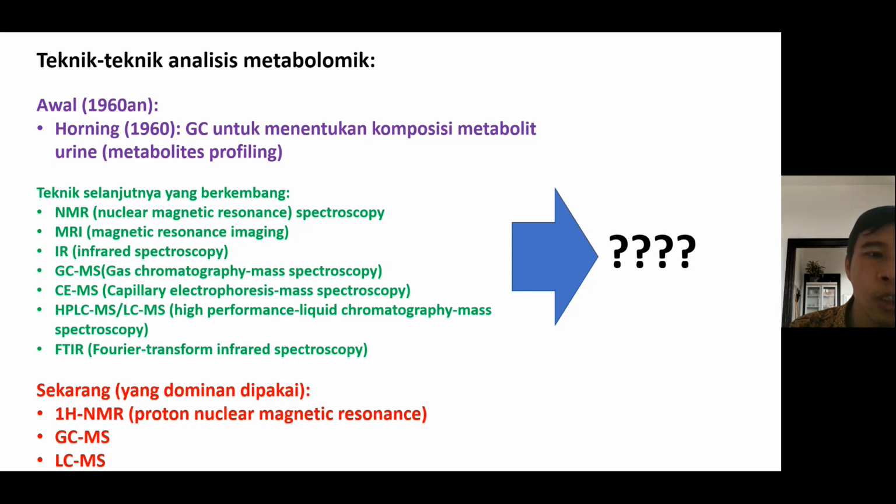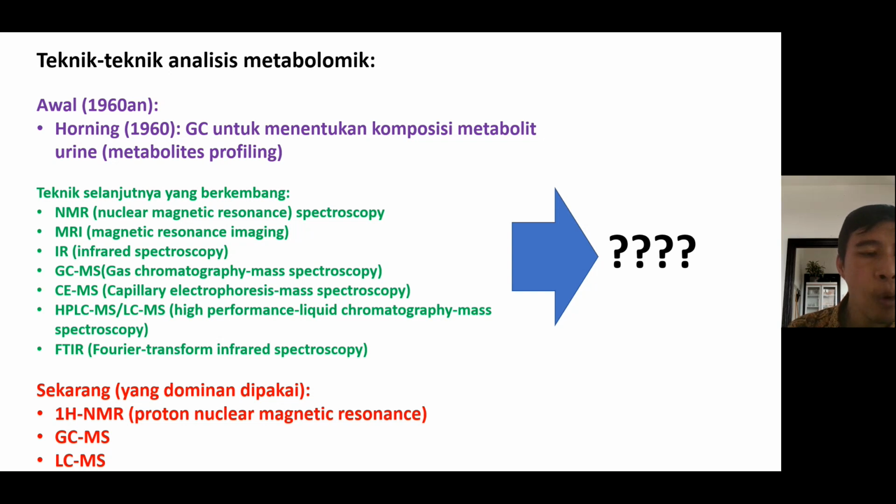So he collected the urine samples from the patients, and then he ran the gas chromatography for the samples, and eventually he got quite sophisticated profiles of urines. So that's the very basic of metabolic analysis.